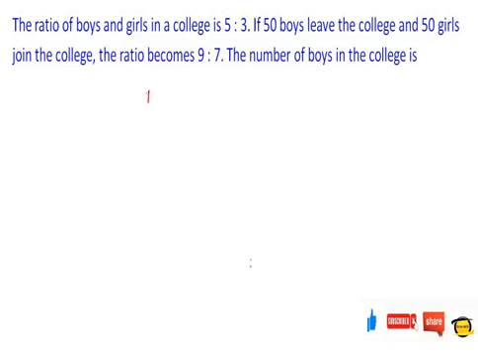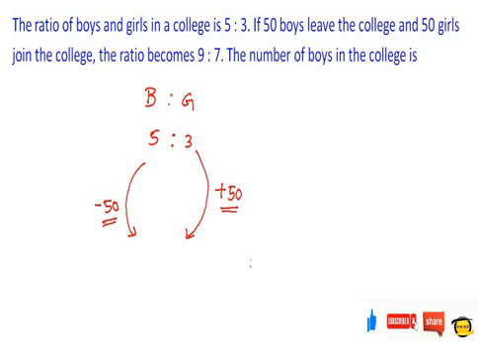So the ratio between the boys and girls initially is given as 5:3, right? Now 50 boys are leaving the college, which means we need to remove 50 from the boys count, and 50 girls are joining the college, which means we need to add 50 to the total number of girls, right?